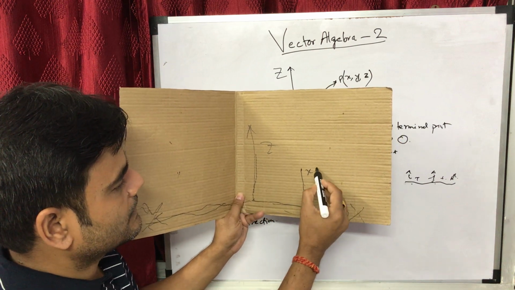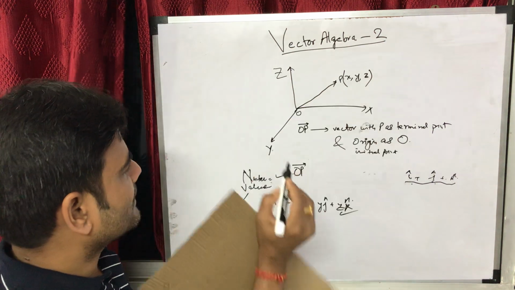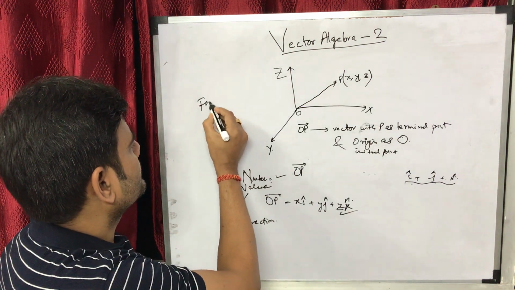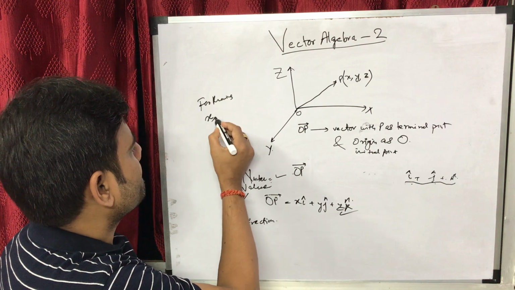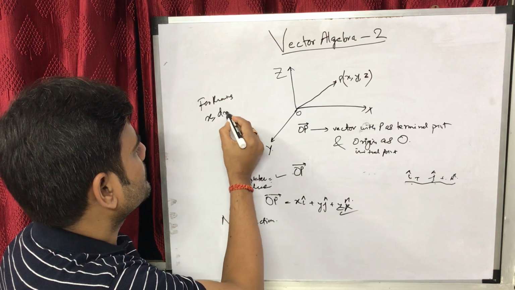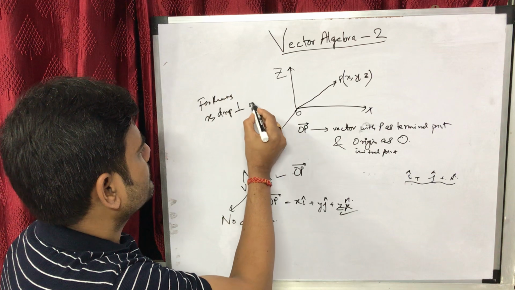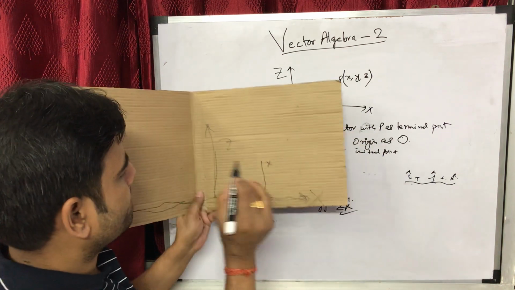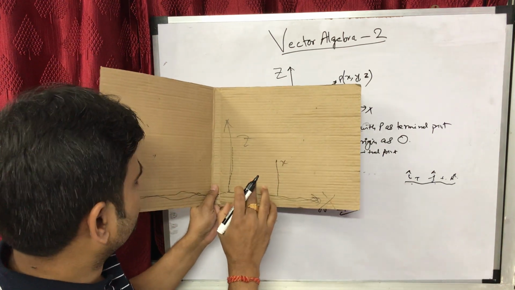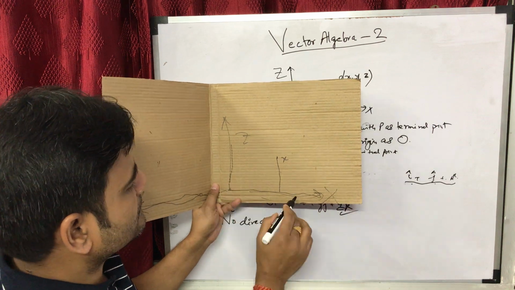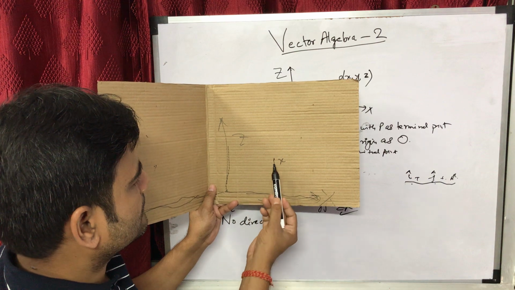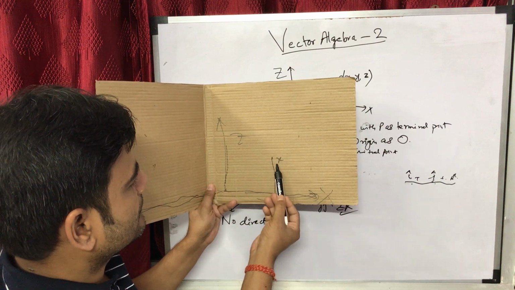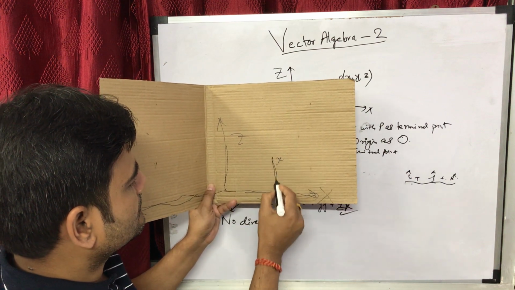For knowing x, you drop a perpendicular on the xz plane, right? Then you will come to know x. Here is the point. You drop a straight line perpendicular, and then you measure this component.